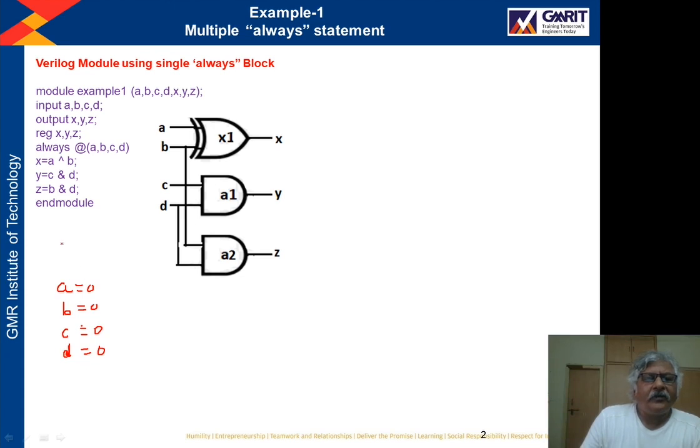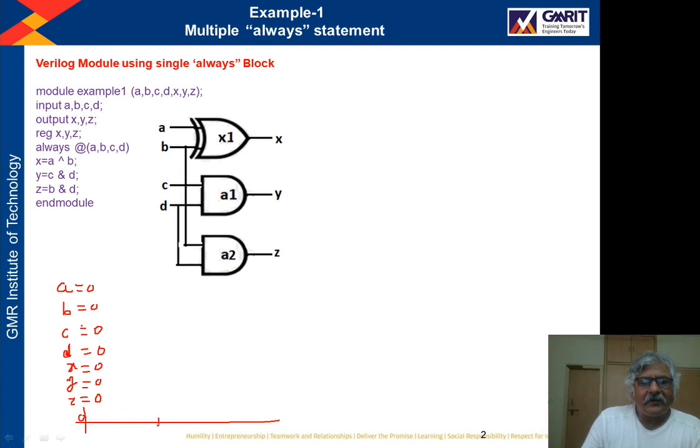So with these values, the output X is 0, output Y is 0, and output Z is 0, right? And this is the position at the start of the simulation. These are the values at t = 0.